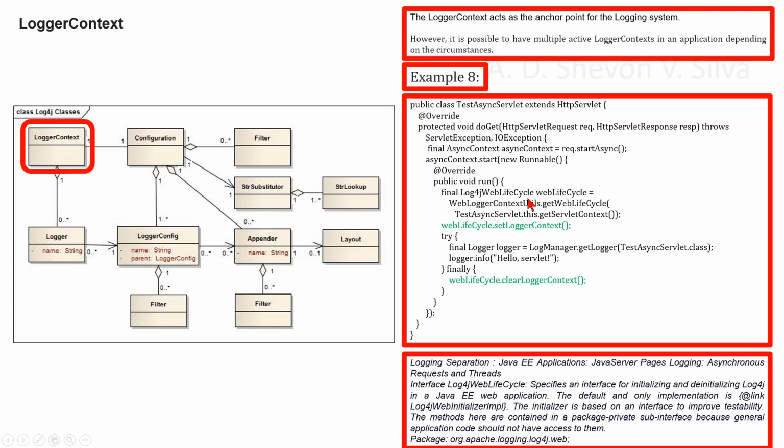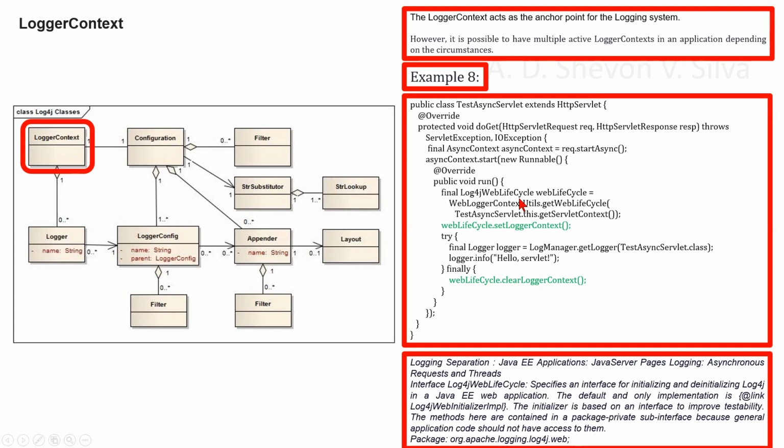The default and only implementation is Log4jWebInitializerImpl. The initializer is based on an interface to improve testability. The methods are contained in a package-private sub-interface because general application code should not have access to them. This is in package org.apache.logging.log4j.web.